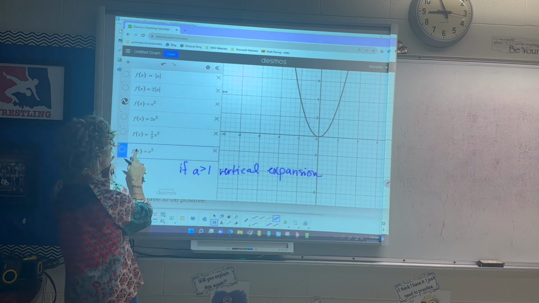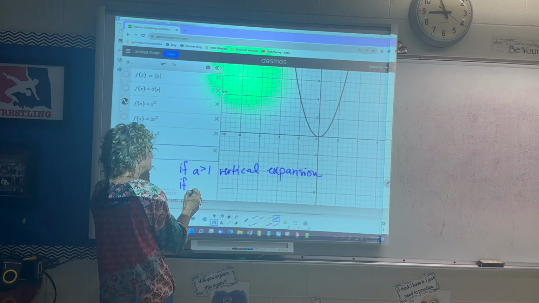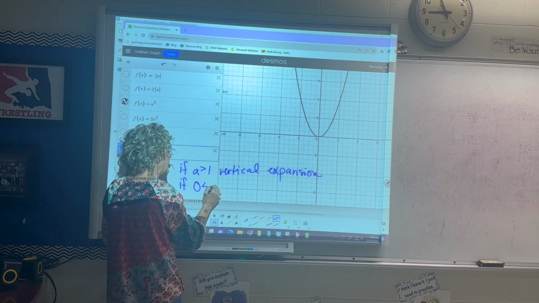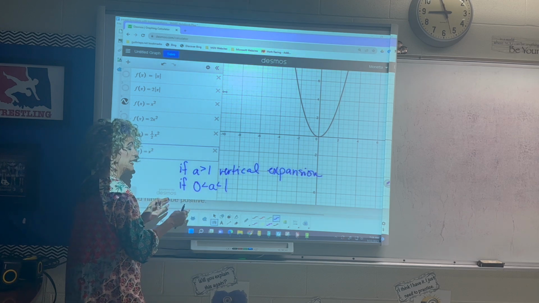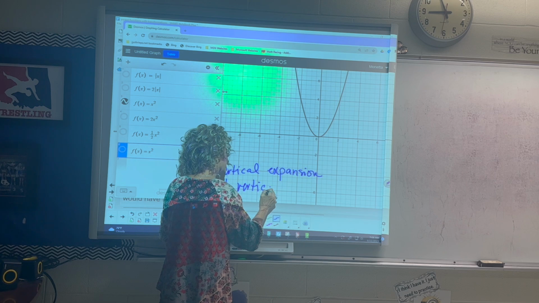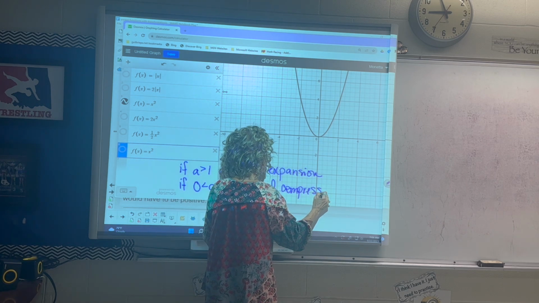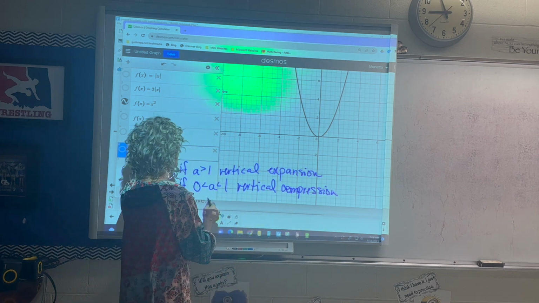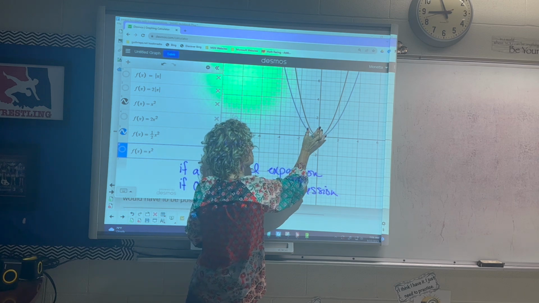But I already showed you what a negative looked like, so technically, if A is between 0 and 1, it is a positive number, then we have a vertical compression or a shrink. Now again, it may appear that my graph got larger.